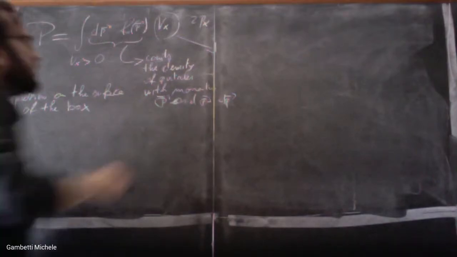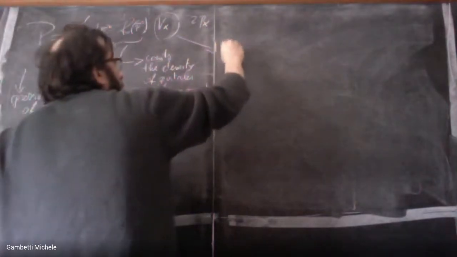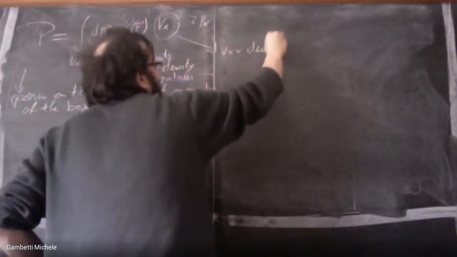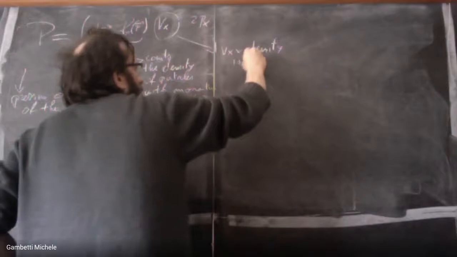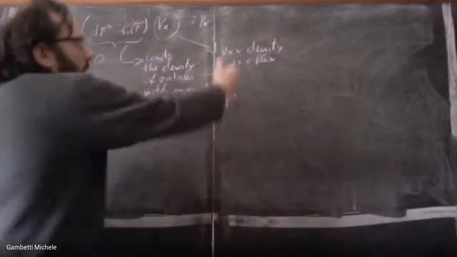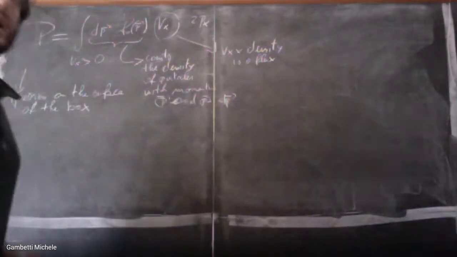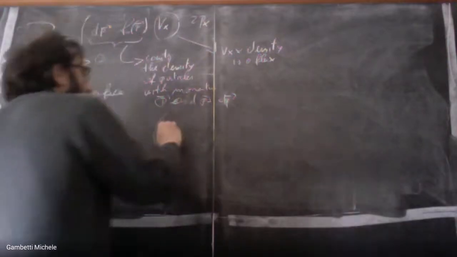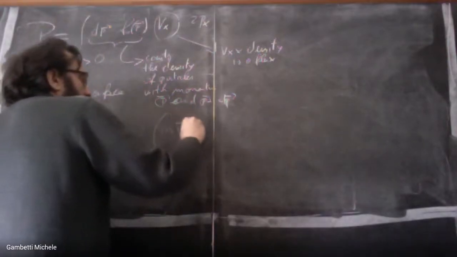Okay. So Vx times density is a flux. And finally, it's the number of particles per unit time per unit of surface. In general, if you do density times velocity, it is a flux.